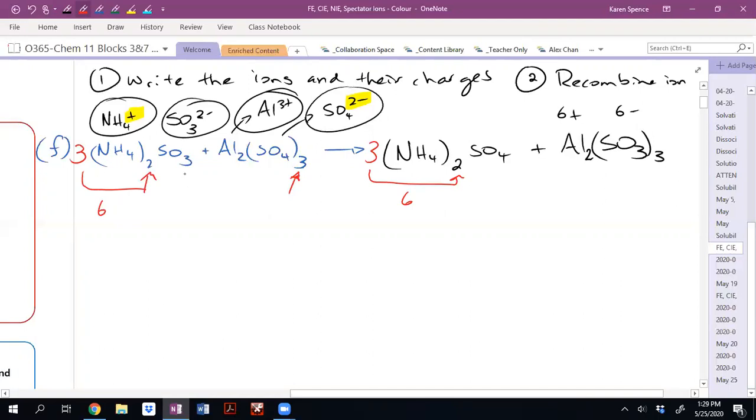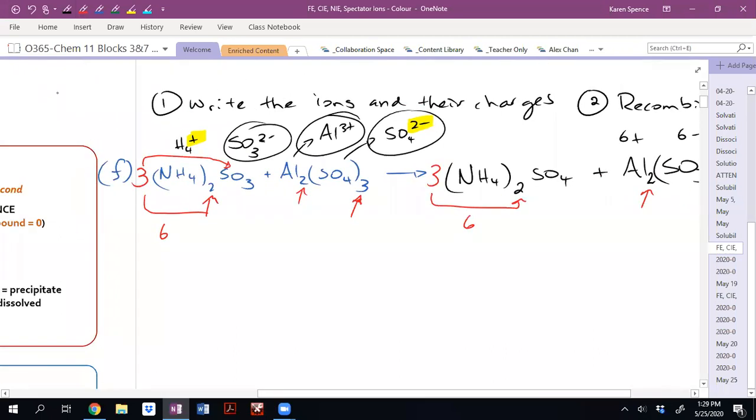Remember that this 3 also applies to the sulfite. So I have 3 sulfite, and I have 2 aluminum, and I have 2 aluminum, and hey, I'm good. Excellent. So step number 3 is to balance.